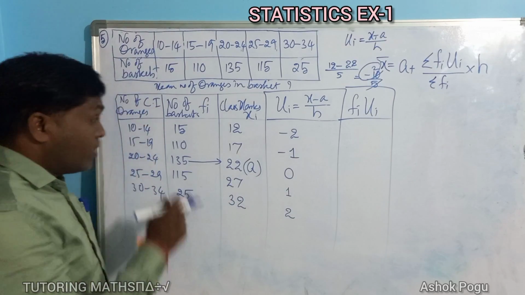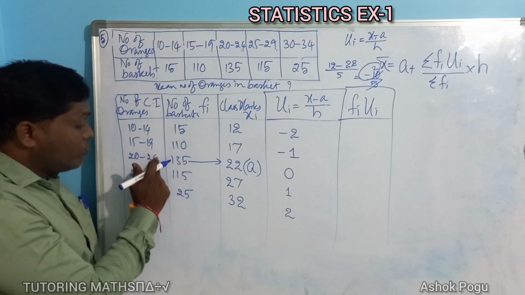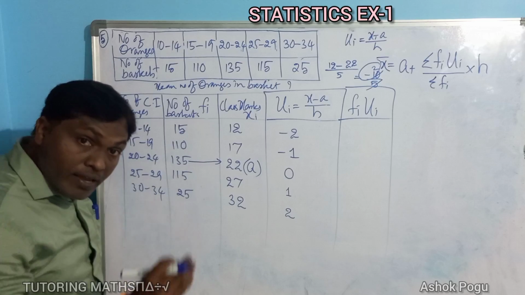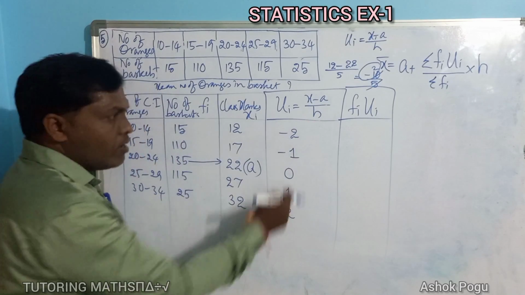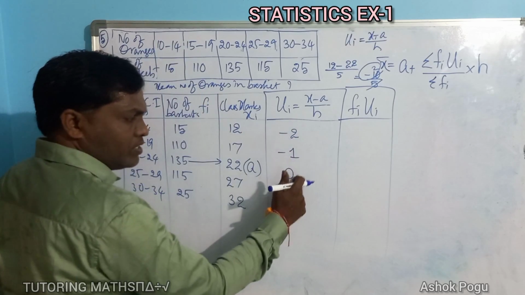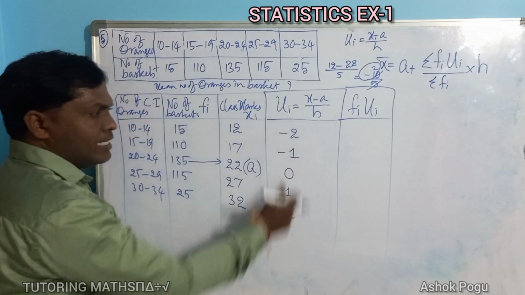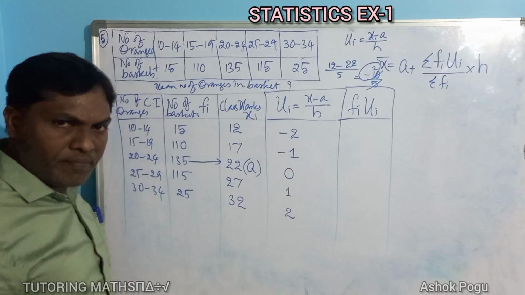Check once again, are they in increasing order or decreasing order? 14, 19, 24, 29, 34, increasing by 5. So this should be increasing: -2, -1, 0, 1, 2. Follow the number line. Here the difference will always be 1.